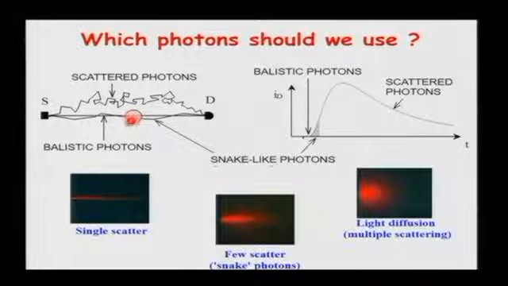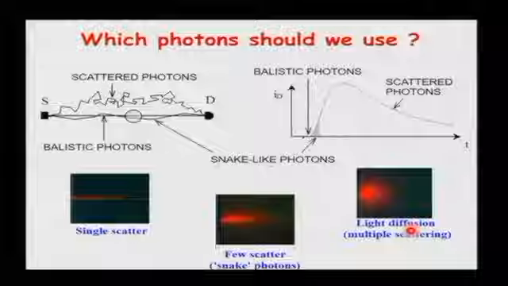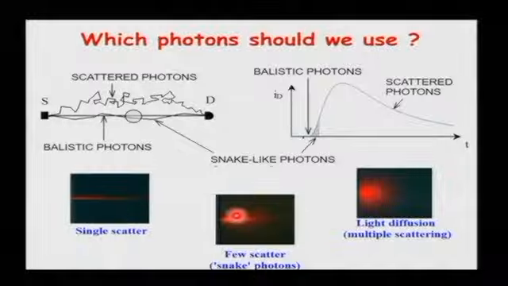For multiple scattering, the photons take a random walk and are scattered many times, and they don't remember the original direction or whether they were polarized. We can consider these photons as a diffusion process, for which particular analytical equations can be used.